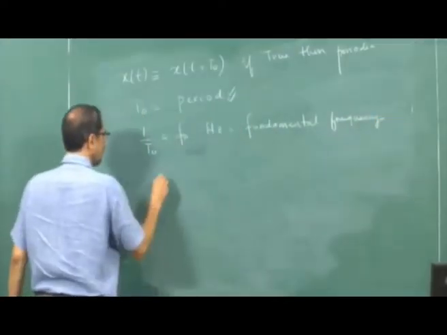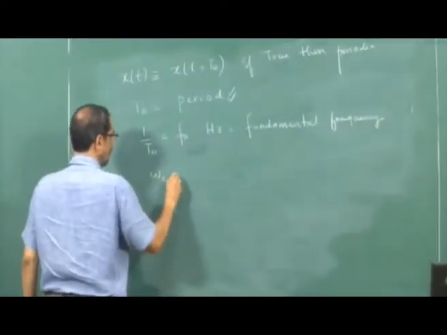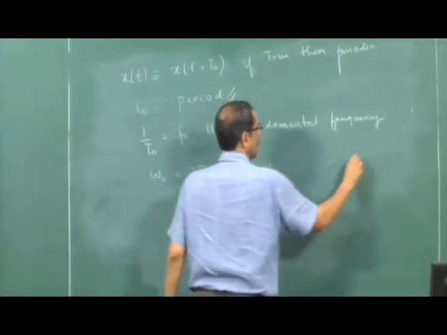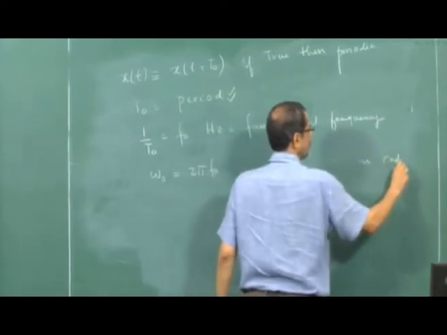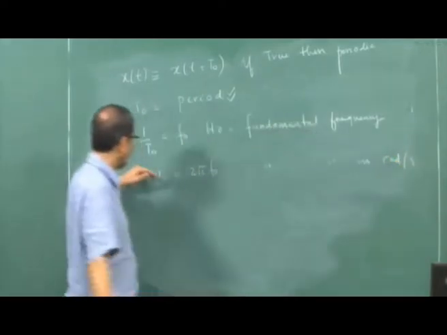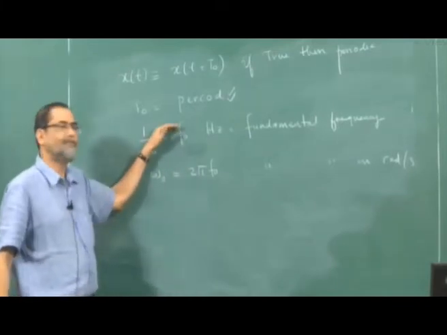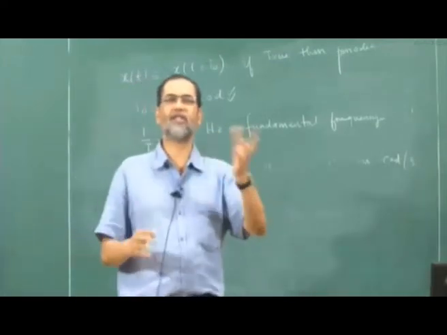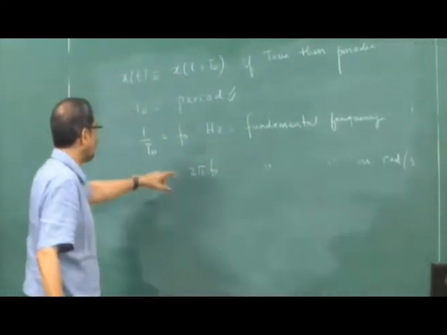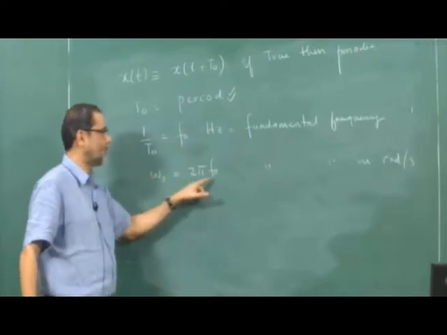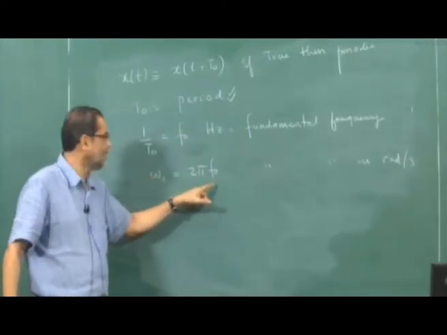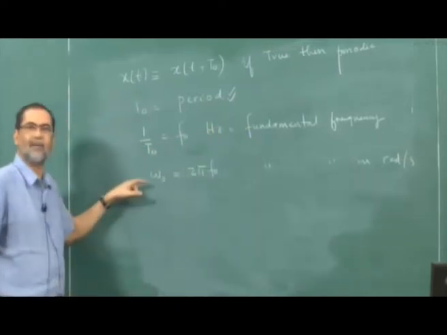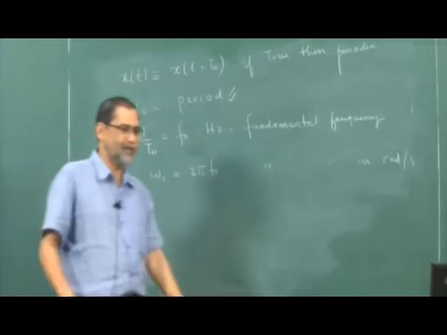We also say omega naught, defined as 2 pi F naught, is the fundamental frequency in radians per second. So this is the radian frequency, and this is the frequency in hertz or cycles per second. The two are interchangeable except for a scaling factor. Omega naught is 2 pi F naught radians per second, and F naught is cycles per second or 1 by T naught. These are the fundamental definitions.